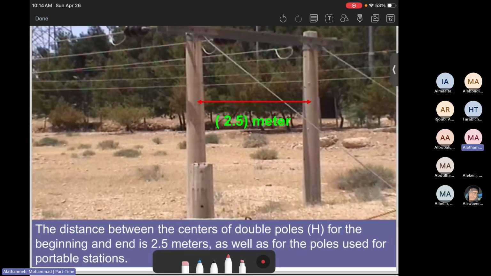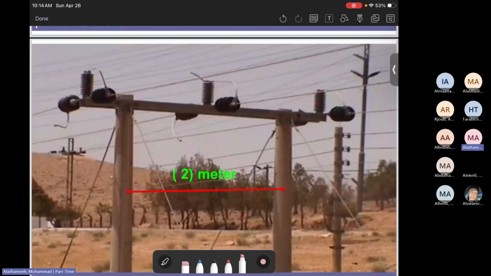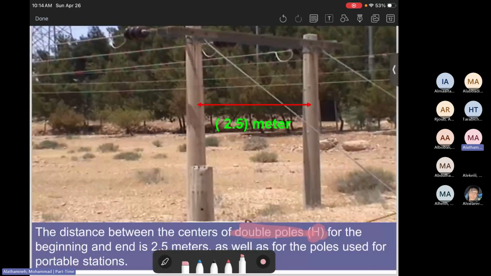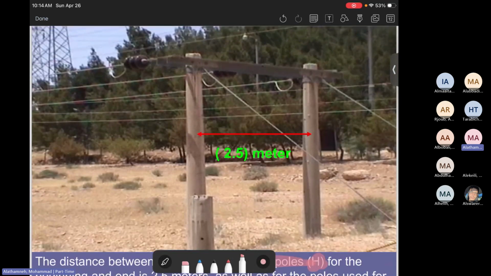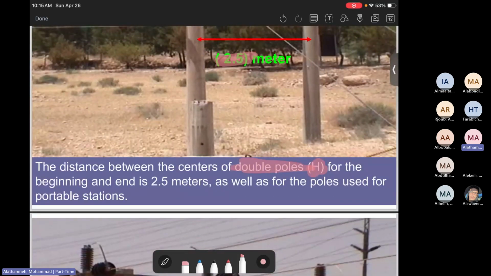So here is the double pole, or sometimes they call it an H pole. On the H pole, usually the distance between the poles is 2 meters, but we can make the distance 2.5 meters if you are at the beginning or the end of the line, or at portable substations, basically when there's a distribution transformer.